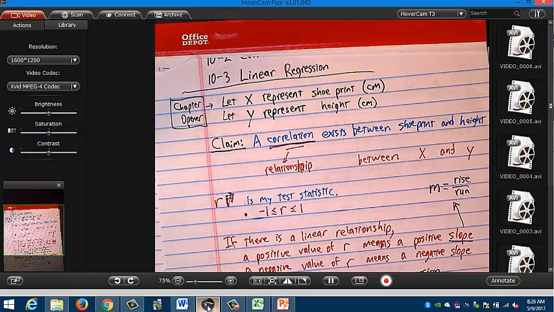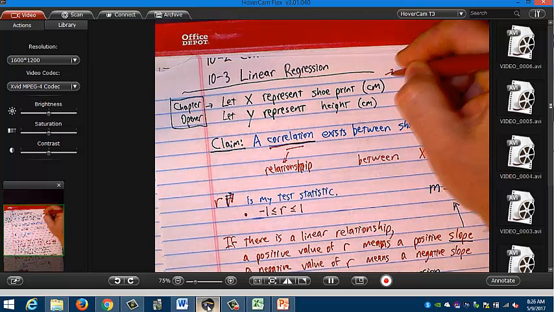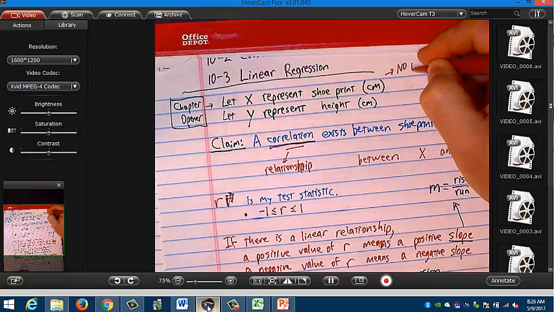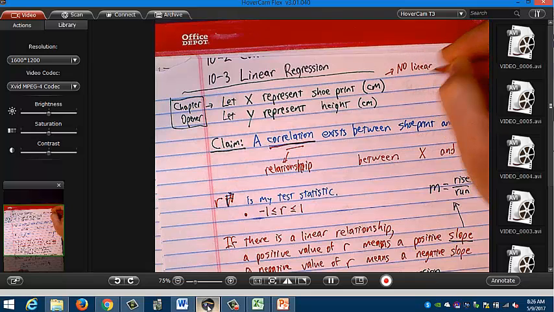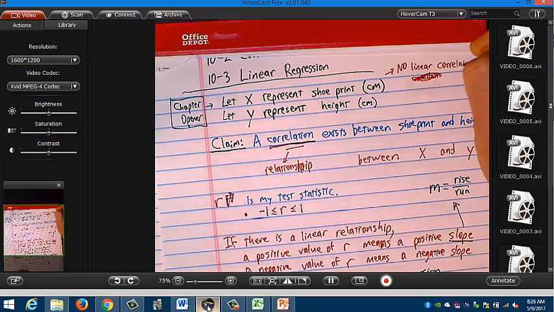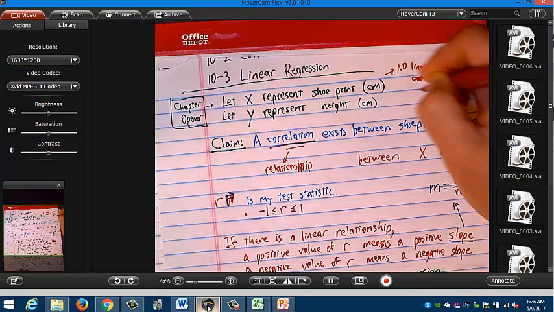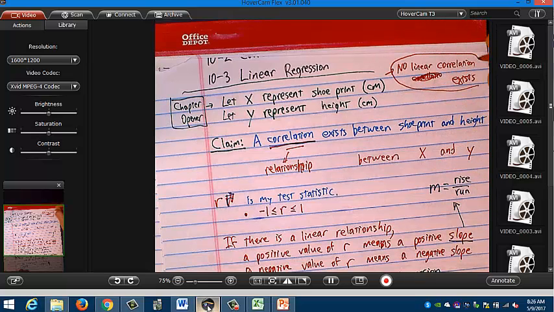My answer would be this: no linear correlation exists. Okay? So no linear correlation exists.